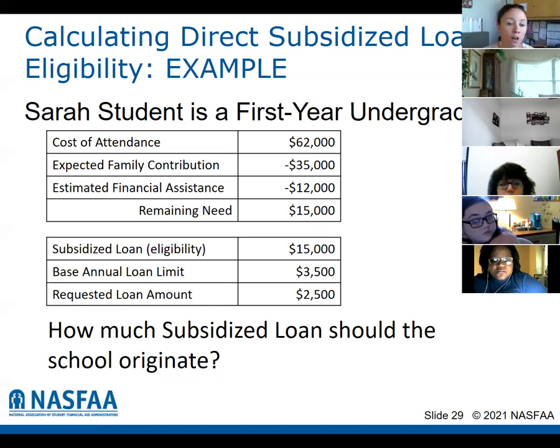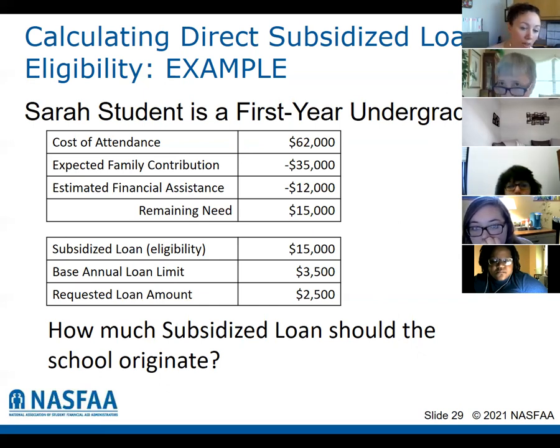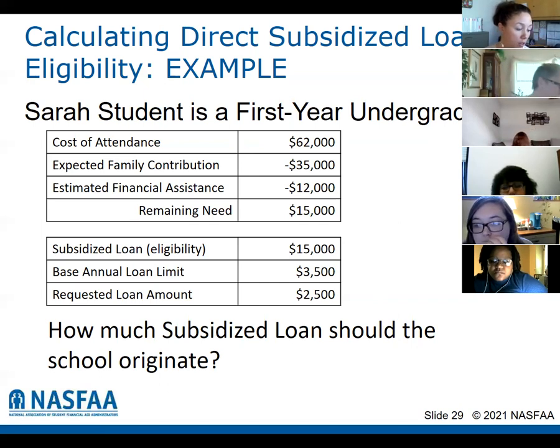So she has $15,000 of remaining financial need for the academic year. So she's eligible for $15,000 of loan, but her annual loan limit is only $3,500. And then she's only requesting 2,500. How much subsidized loan should the school originate?